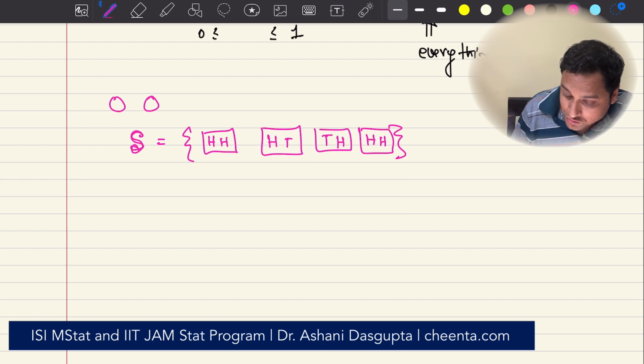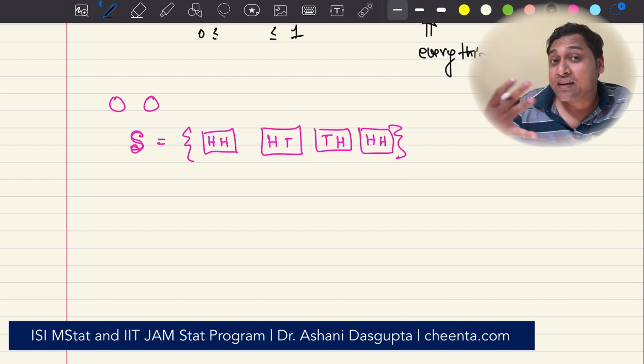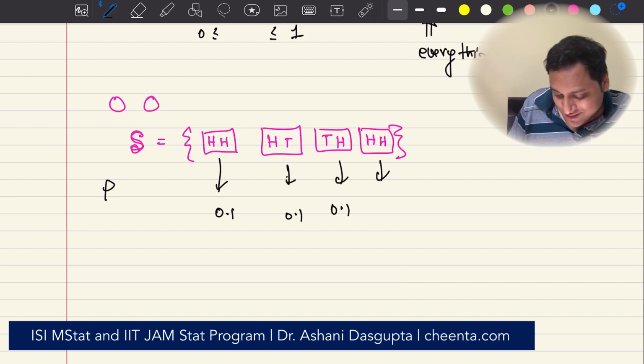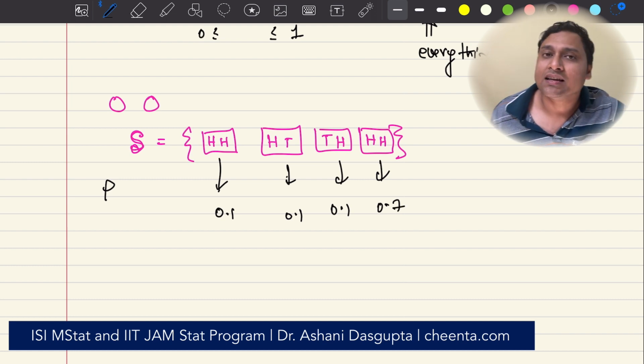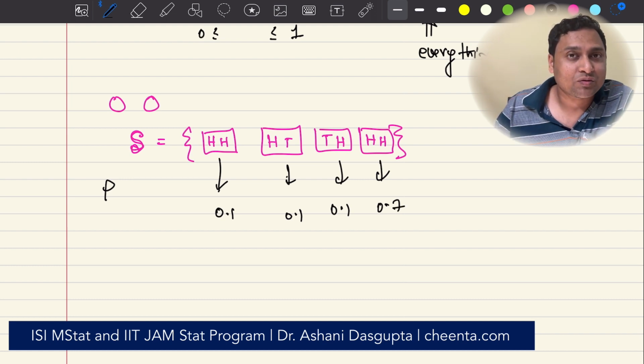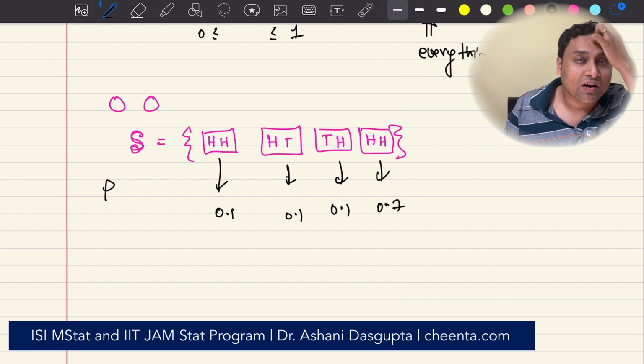Now, this can very well be possible: the probability function assigns the value 0.1 to this, 0.1 to this, 0.1 to this, and 0.7 to this. That's a perfectly normal probability distribution, a probability function.